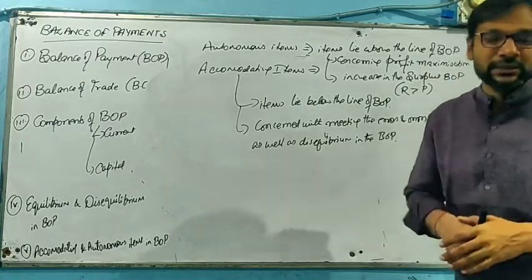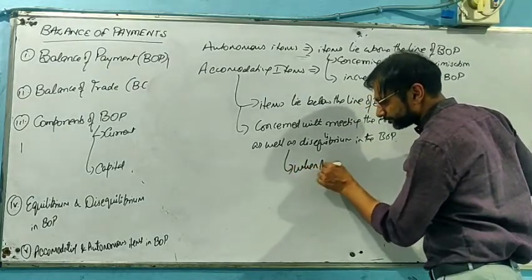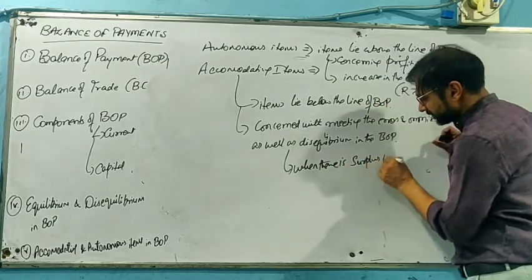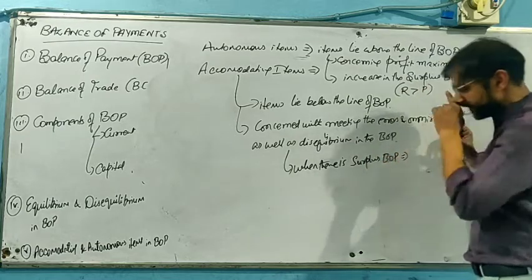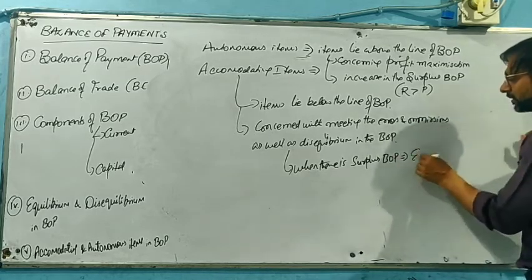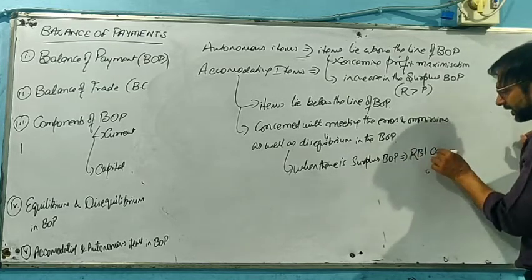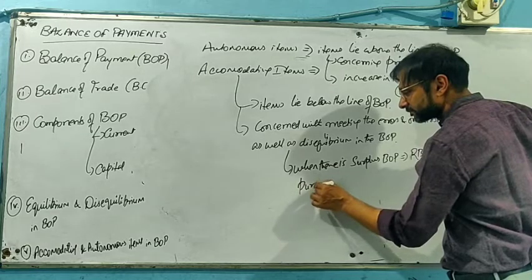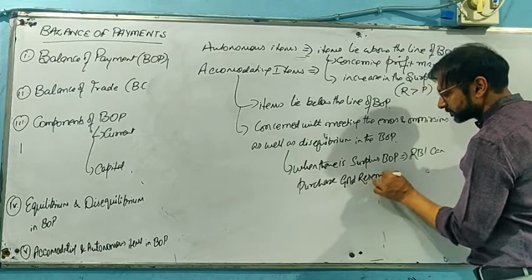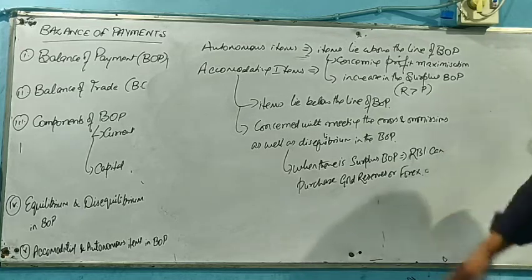When there will be surplus BOP, it means in such case, with the surplus amount, what we can do, the RBI or monetary authorities of a country can purchase gold reserves or forex to be kept for emergency in future.